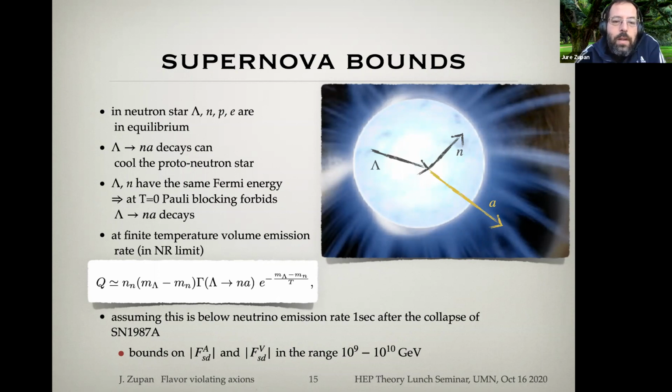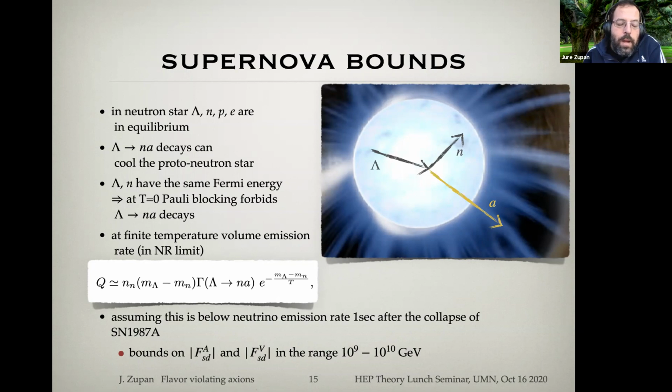So one needs to take into account the Pauli blocking. For instance, if the temperature was 0, then this decay would be forbidden. You can't decay into a full Fermi sea. However, at finite temperature, this is lifted. And if I just show the non-relativistic limit, ignoring this Pauli blocking, the emission per volume would be the following.